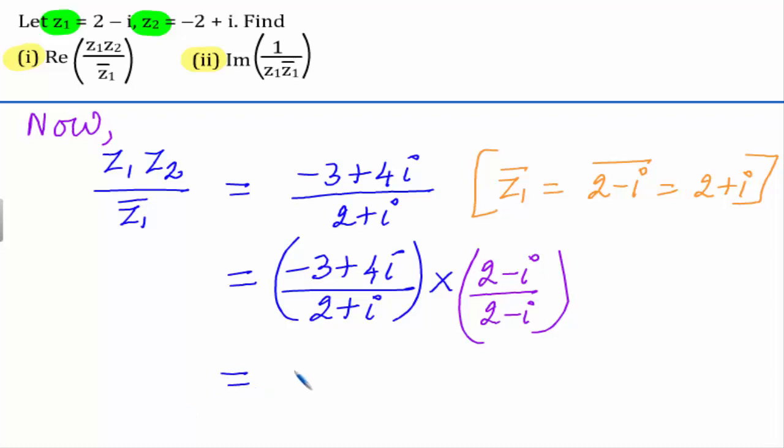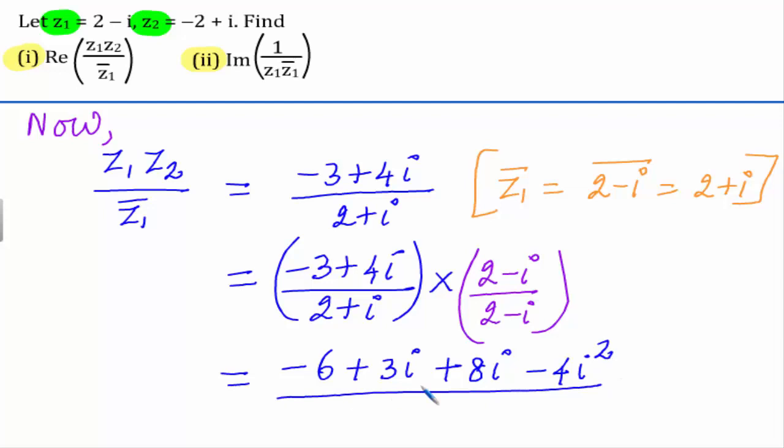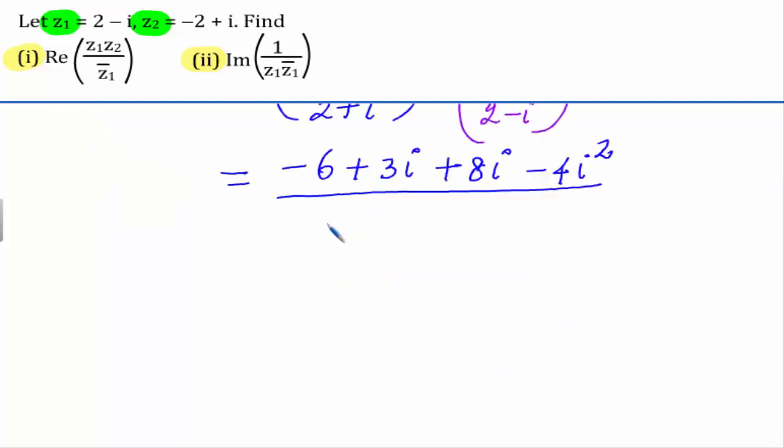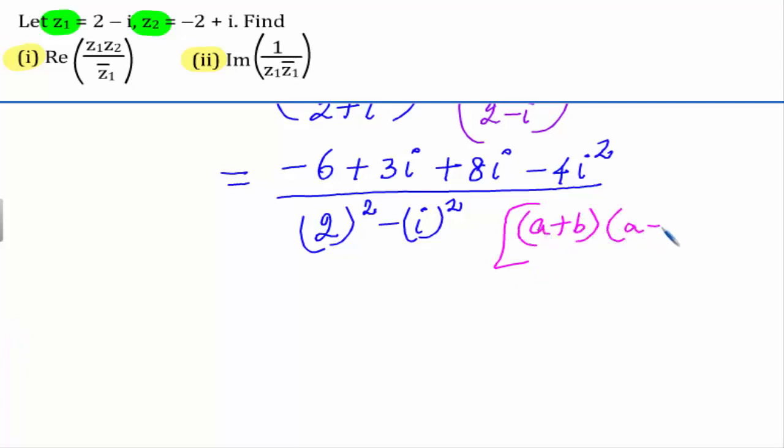This will be equal to minus 6 plus 3i plus 8i minus 4i square, and in the denominator we have 2 square minus i square. Here we have used the identity (a plus b) multiplied by (a minus b) is equal to a square minus b square.